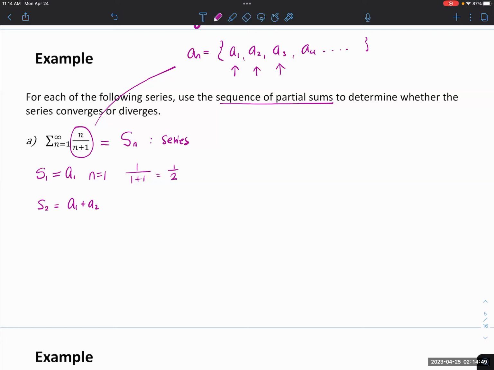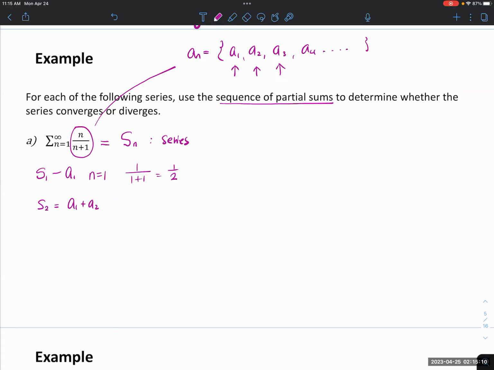And then I'm plugging in n equal to 1, so this is the first number. And the next one, what happened? S1, we already know that this is A1. I actually need to calculate first before I do that.